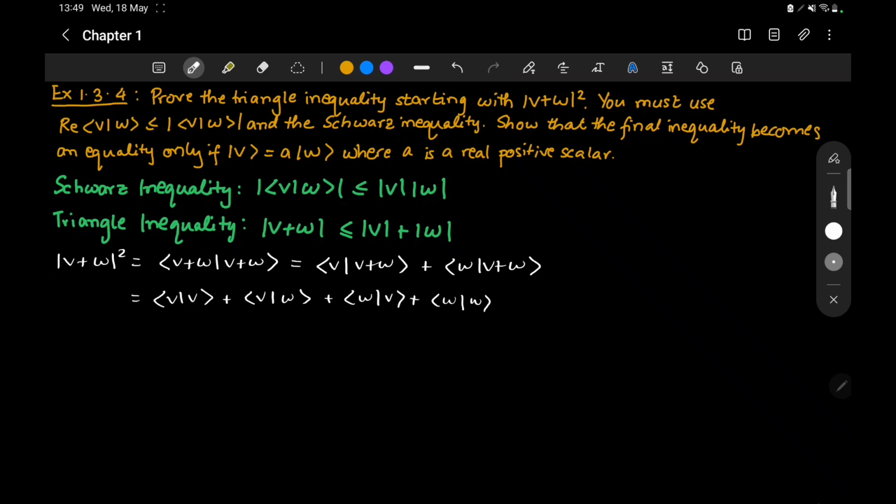So with inner products there is this axiom. So I will just write down the axiom over here.